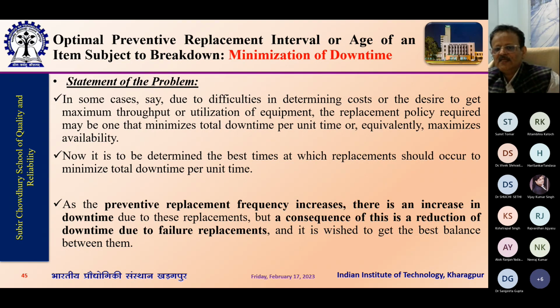But at the same time, there is a reduction in the downtime due to failure replacement, because you are frequently doing preventive replacement, so it is less likely the failure is going to occur within that interval.